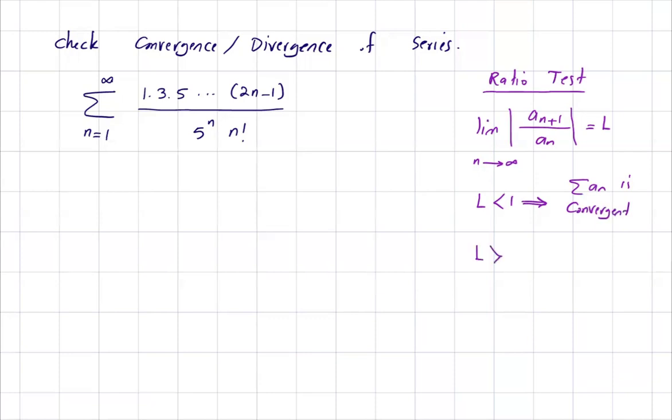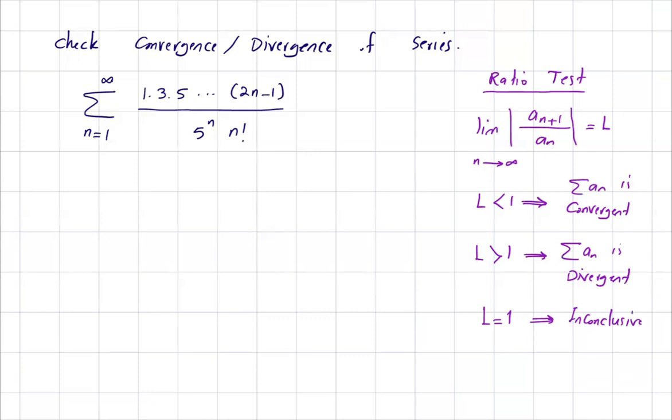If L is more than 1, then the summation of a_n is divergent. If L is equal to 1, the test is inconclusive. It means that we have to switch to a different test.